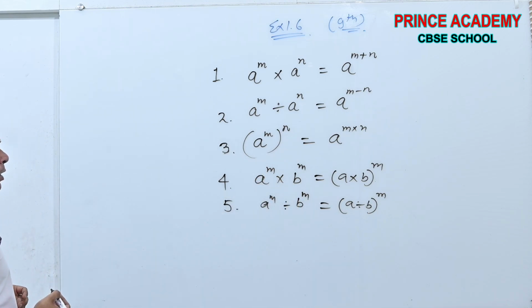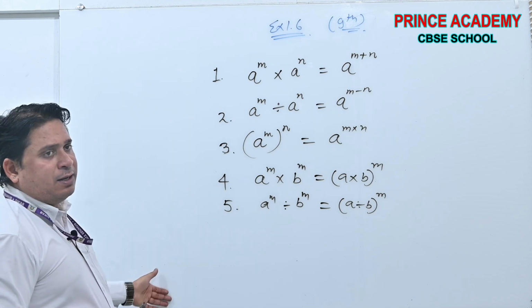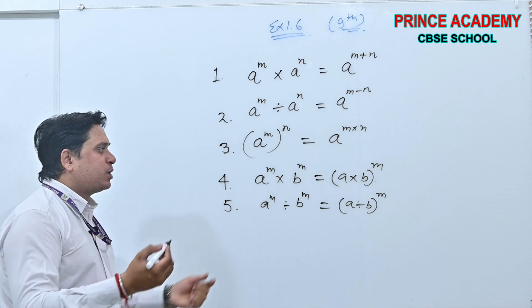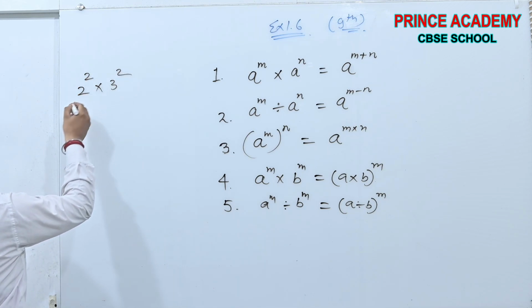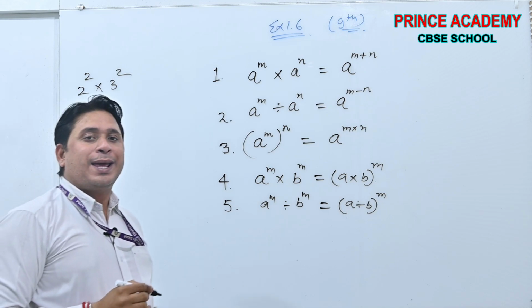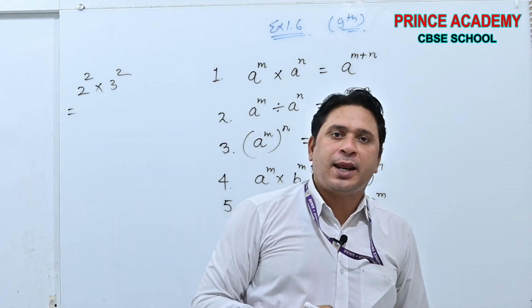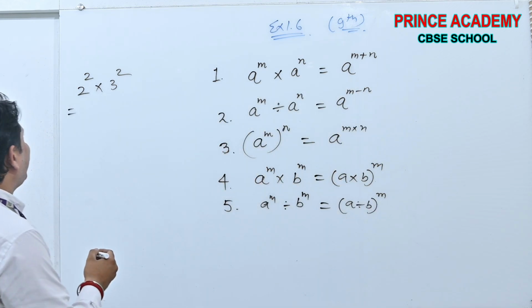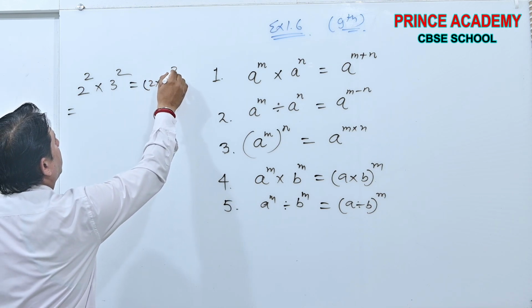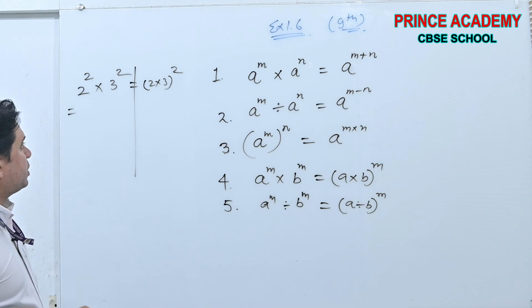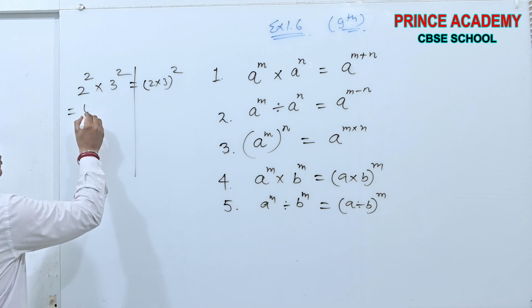Okay, beta. Number 5 rules, why we have written? It's a practical approach. See, 2 raised to power 2 into 3 raised to power 2. According to the rule it will be 2 into 3 raised to power 2, yes or no? Now see, beta, what is this? 4.